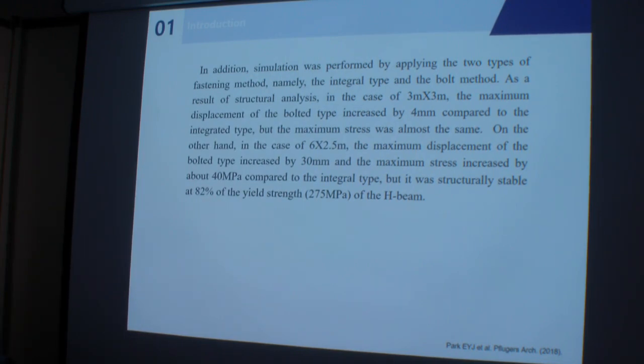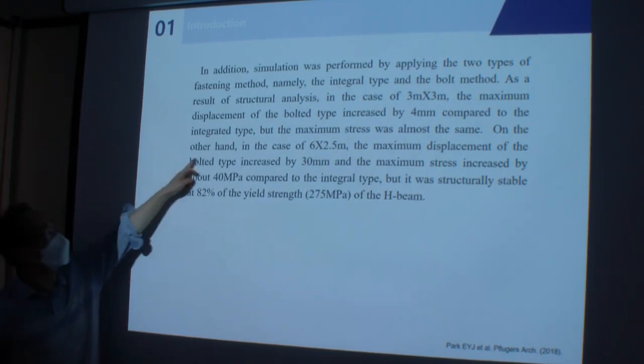In the case of 3 by 3, the maximum displacement of the bolted type increased by 4 millimeters compared to the integrated type, but the maximum stress was almost the same.